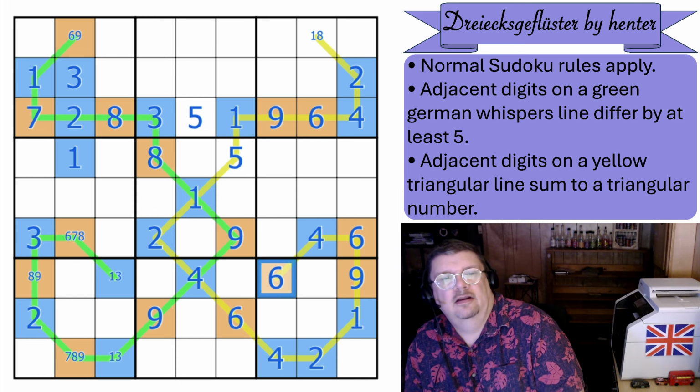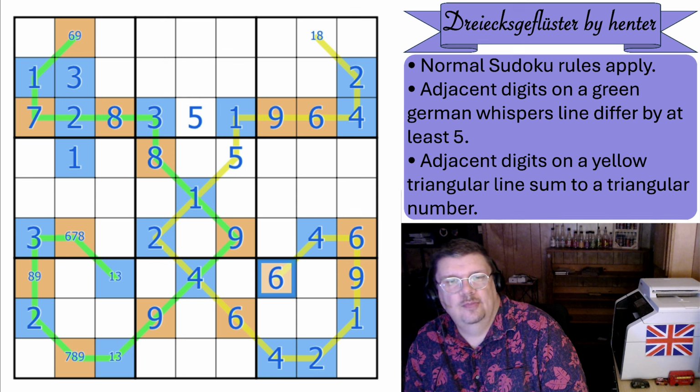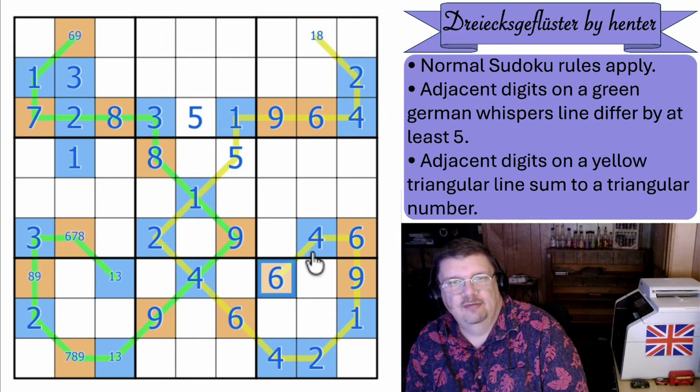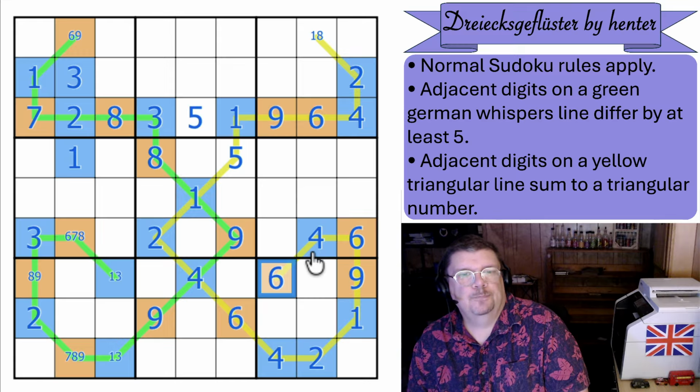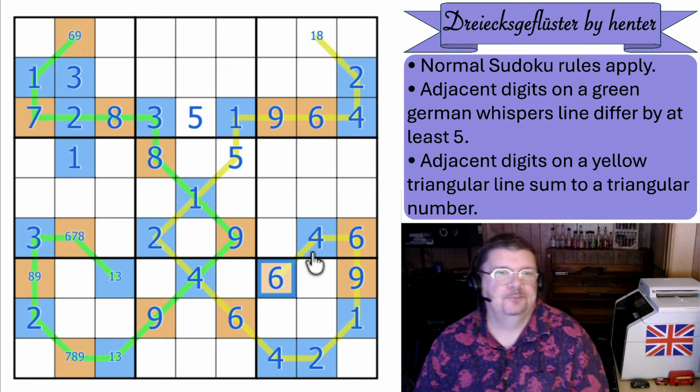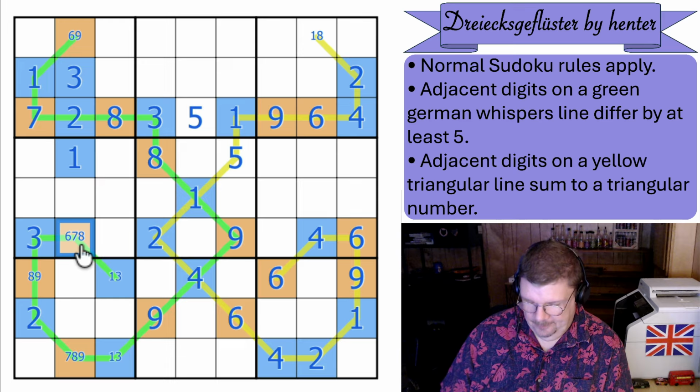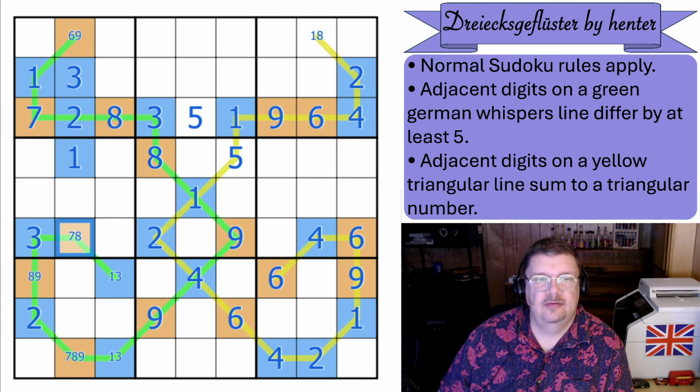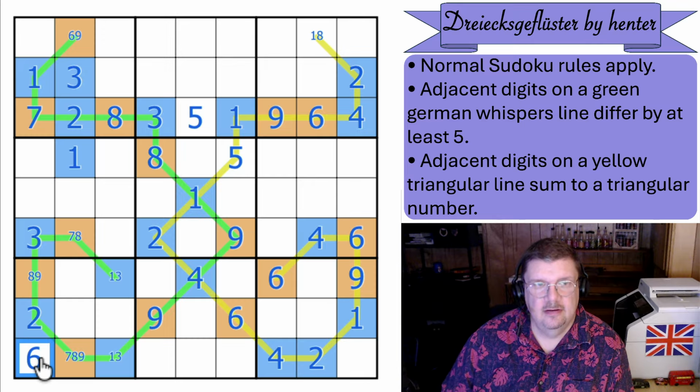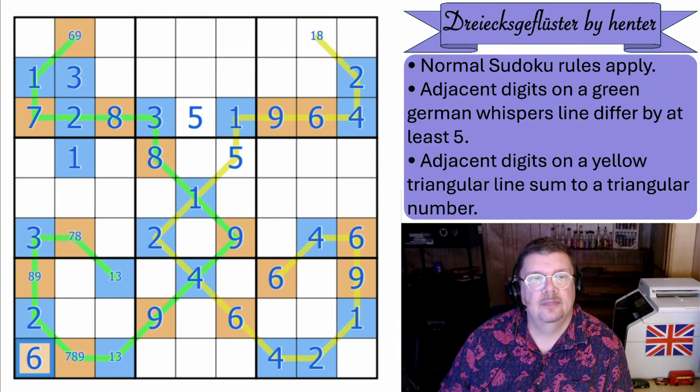And I'm slightly surprised with my setter's hat on that that wasn't a 3-3 or a 5-5, but there we go. Alright, that is not 6. 6 has to go here by Sudoku. 9 has to go here.